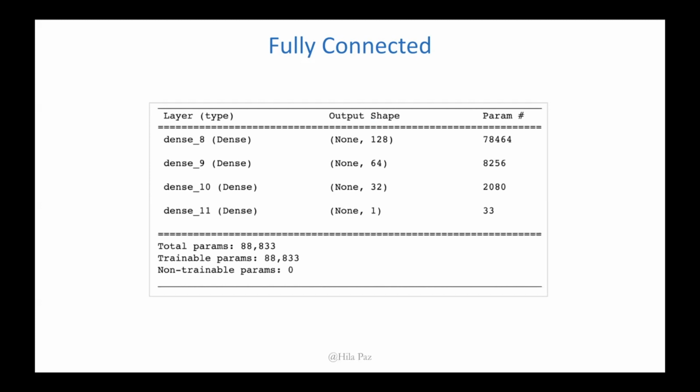As for the activation function, I'll just use the defaults, so it will be ReLU for the hidden layers and a sigmoid activation for the output classification layer. The downside of this approach is that we get a total of nearly 90,000 trainable parameters. And given that we only have 600,000 training examples, it wouldn't be a surprise if that model overfits.